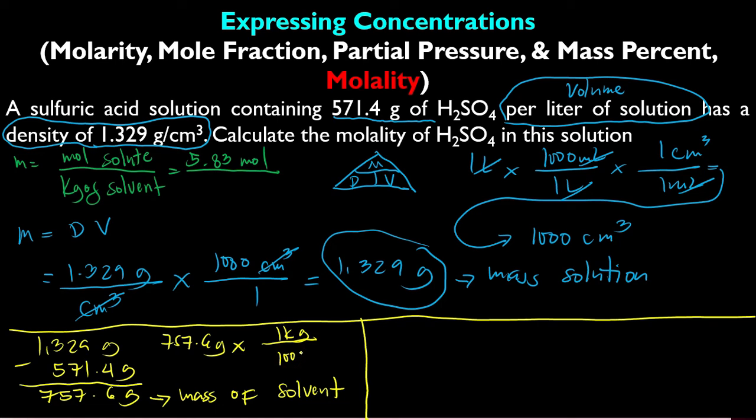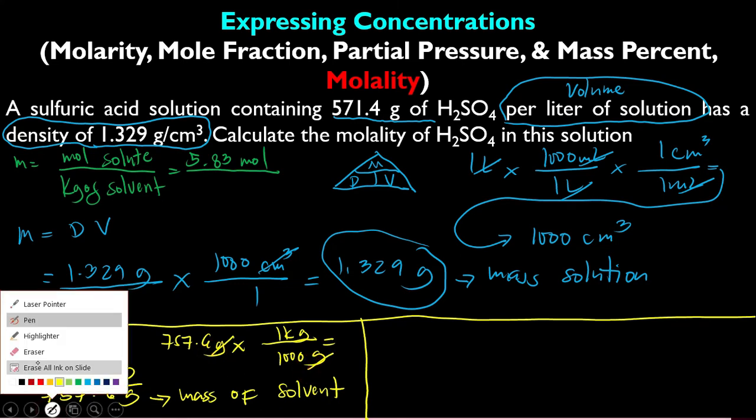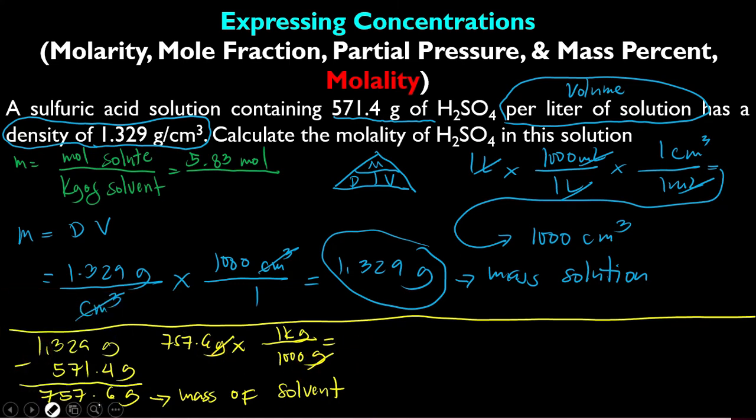Cancel grams. That will give us 0.7576 kilogram. So this is what we will use to solve our molality.